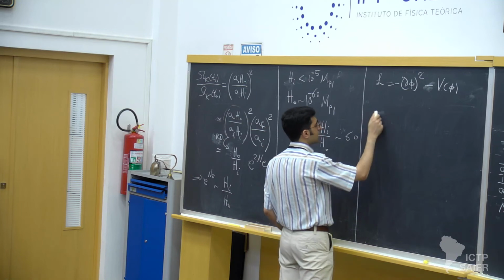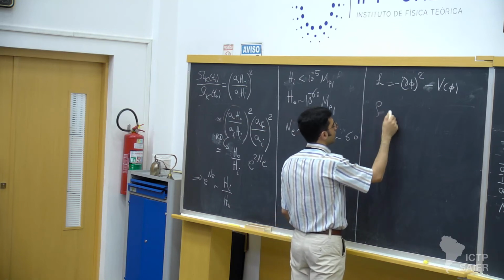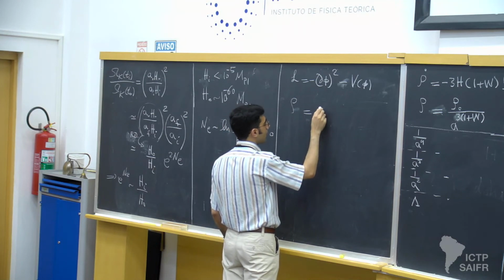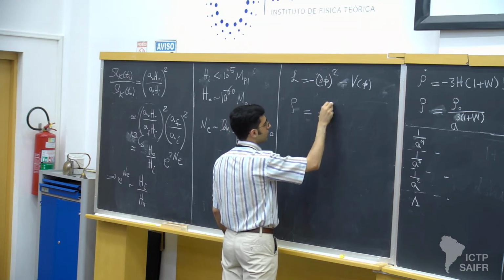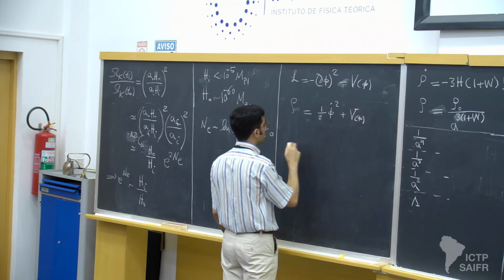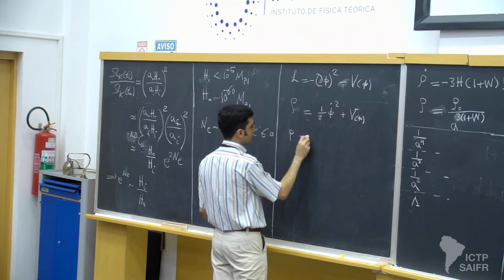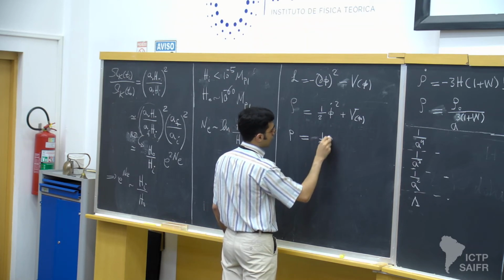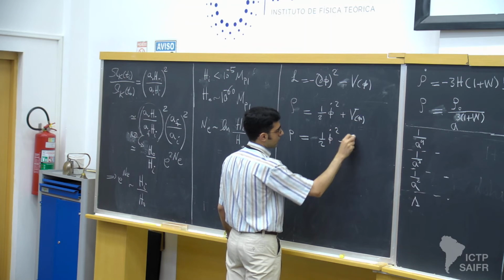Now, in this particular case, rho is going to be 1/2 phi dot squared plus V of phi, and p is going to be 1/2 phi dot squared minus V of phi.